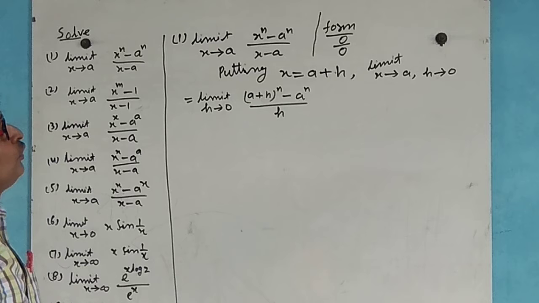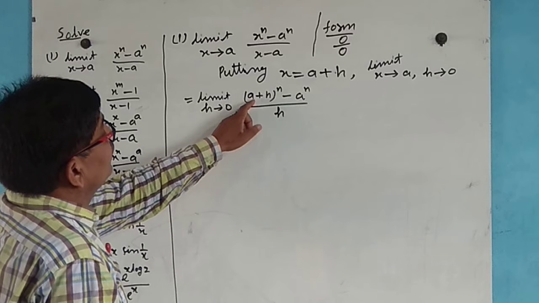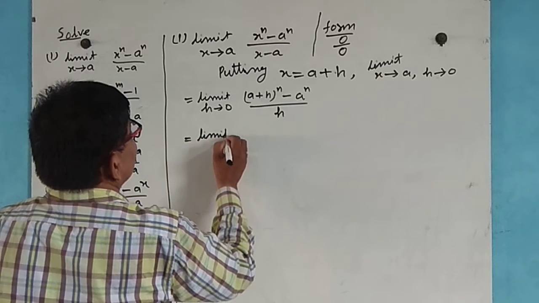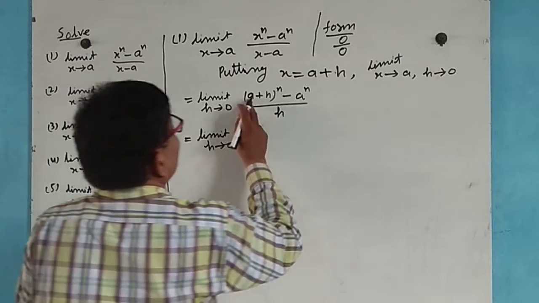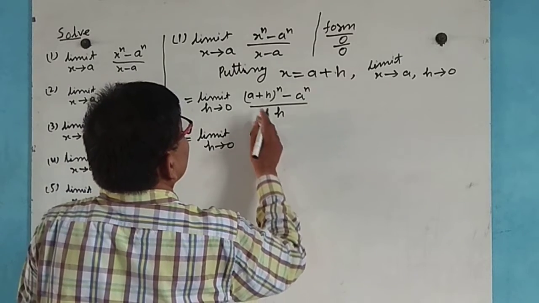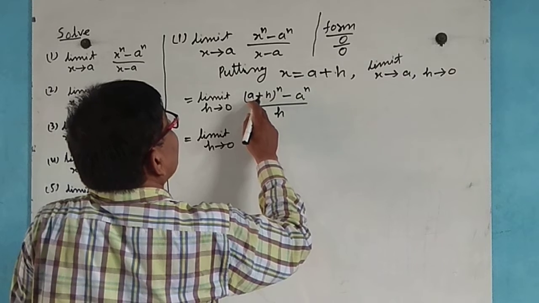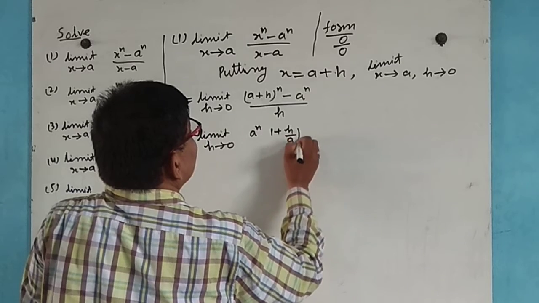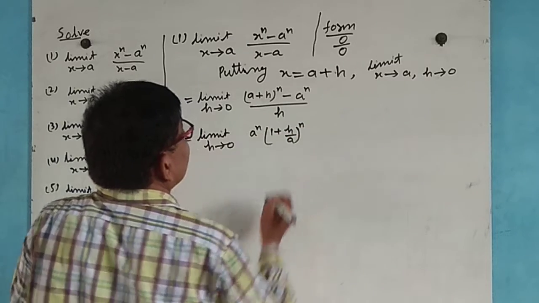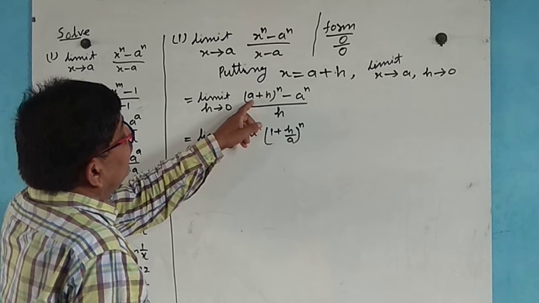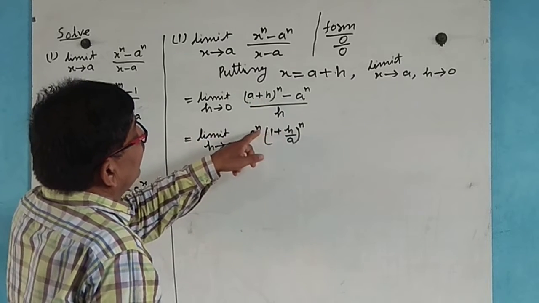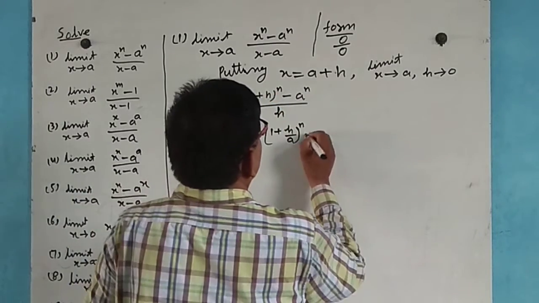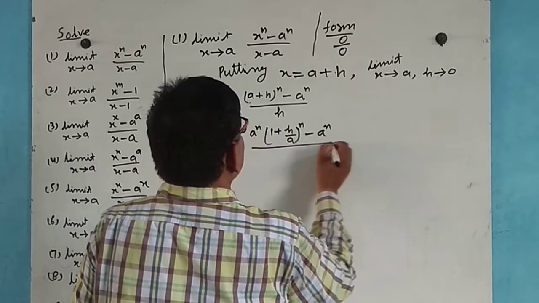Now we take common a to the power n. Limit h tends to 0, a to the power n, 1 plus h by a to the power n, minus a to the power n, divided by h.